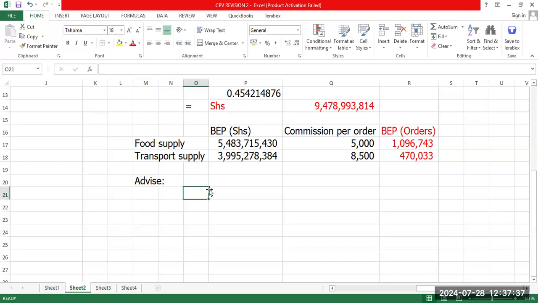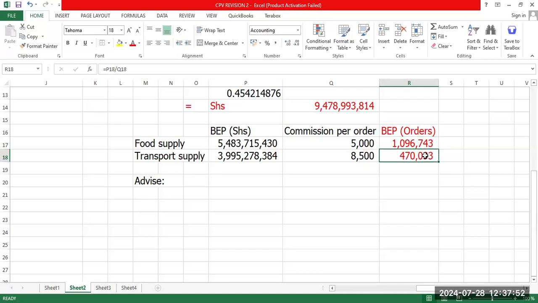The CEO should be aware that STCL requires to get this one, orders. You write this one, then you put orders.